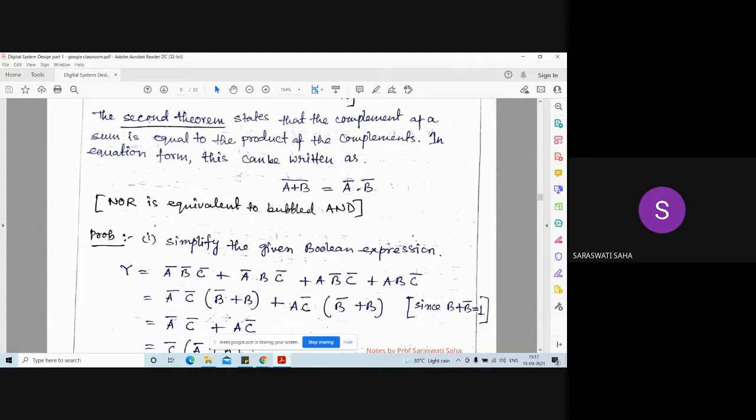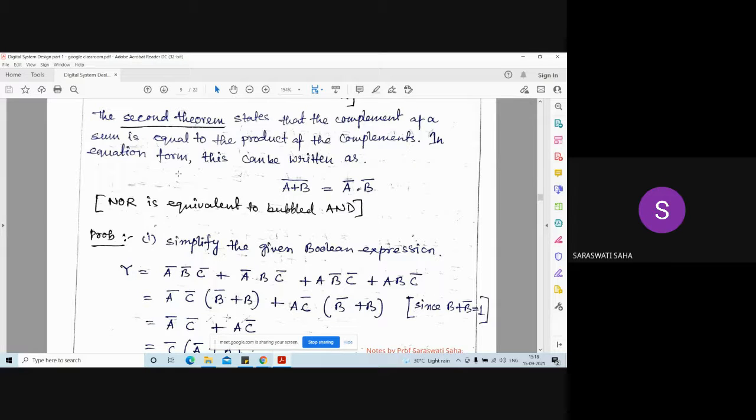That is, the second theorem states that the complement of a sum is equal to the product of the complements of the variables.